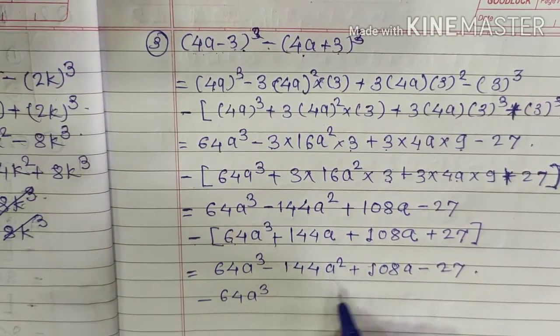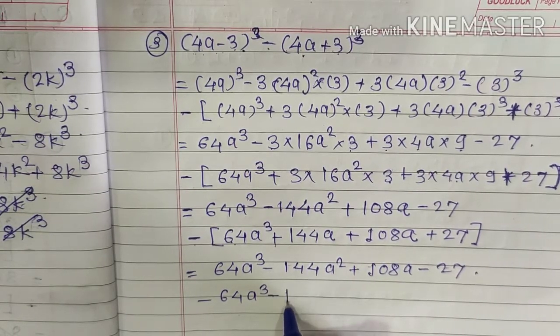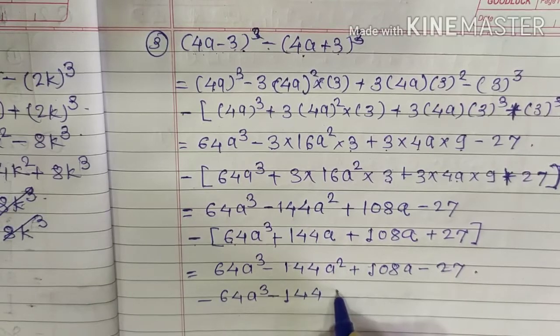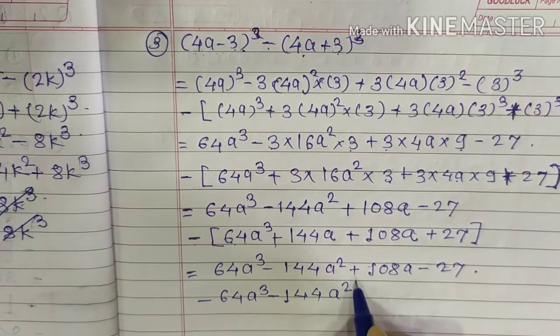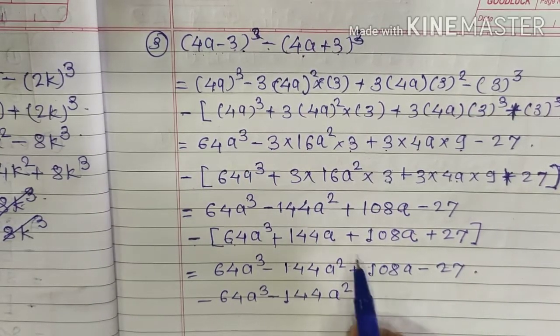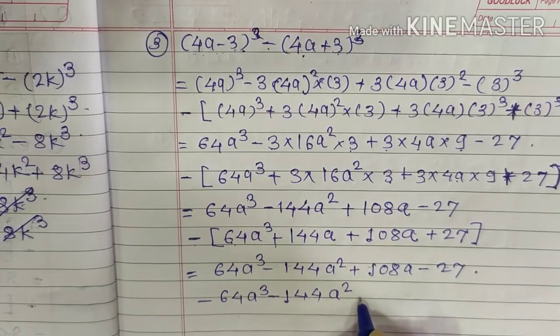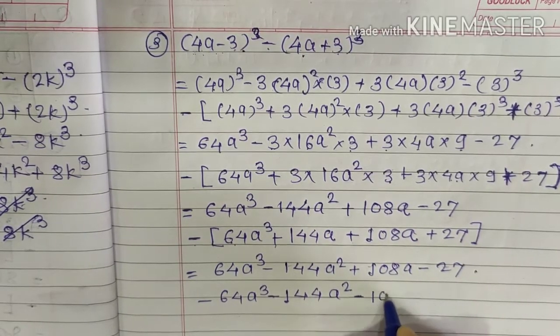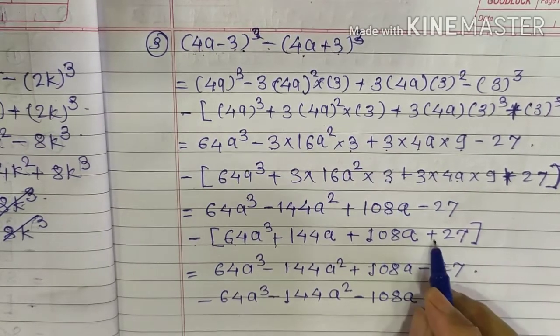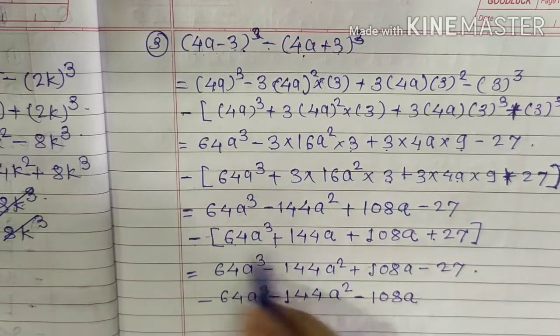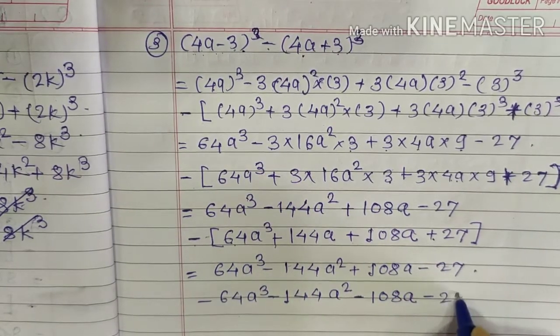This also plus becomes minus 144a square. This plus becomes minus 108a. This plus becomes minus 27.